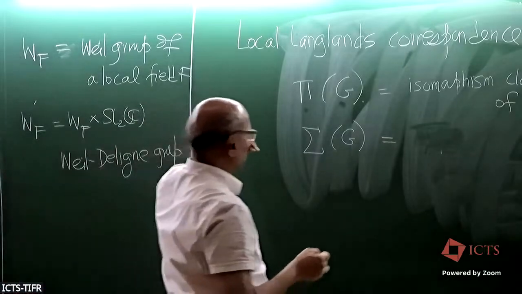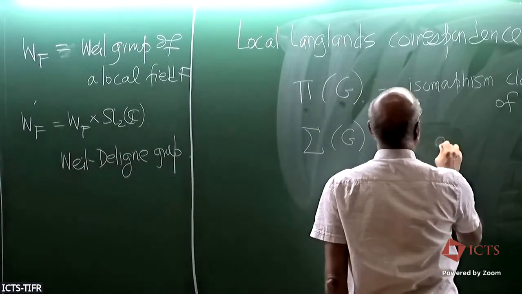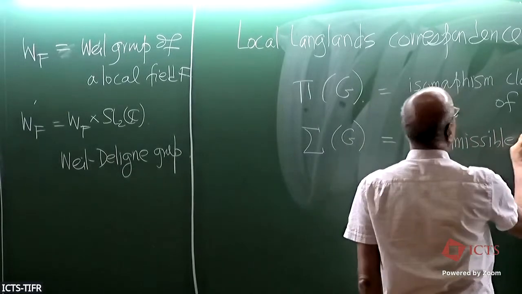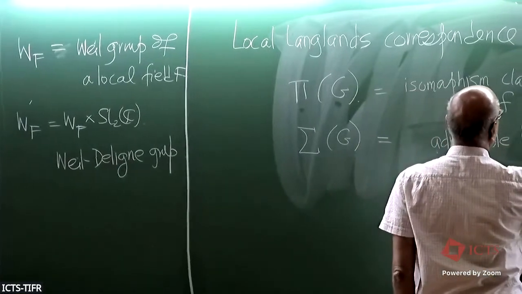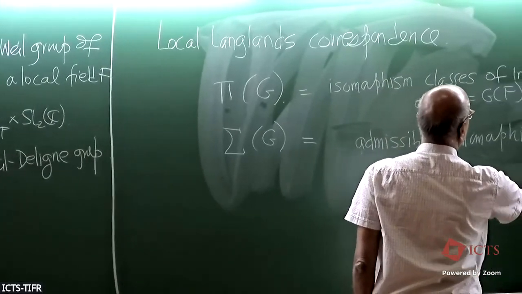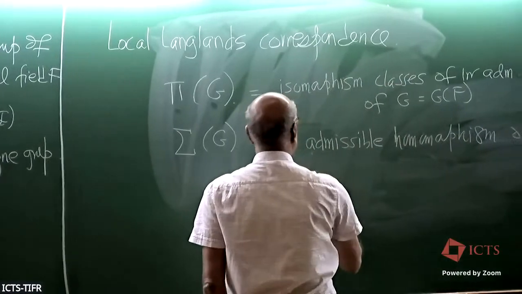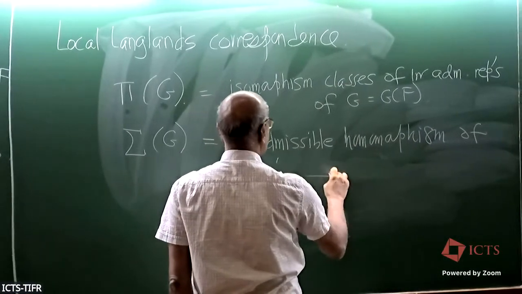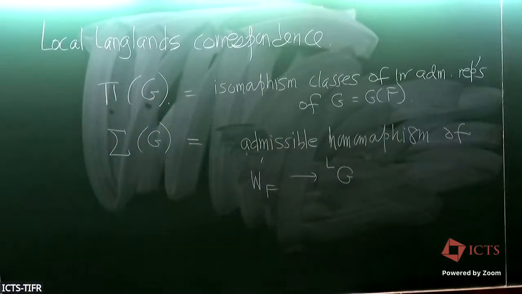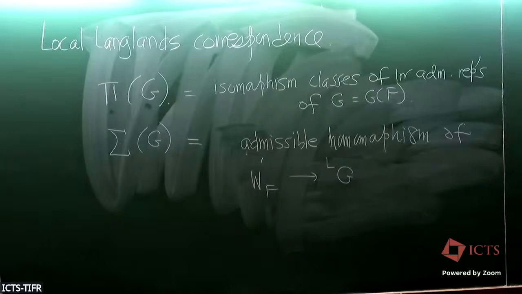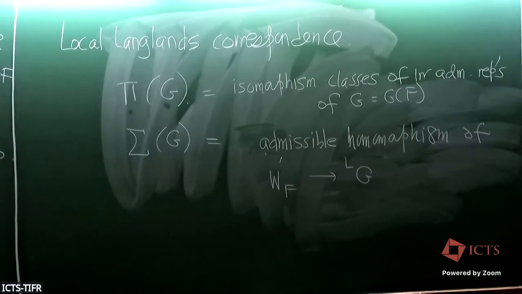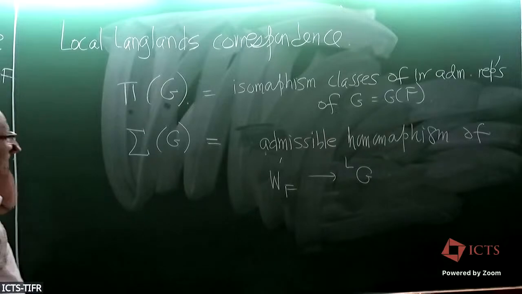So Sigma(G) are what are called admissible homomorphisms of W'_F inside the L-group of G. So associated to every reductive group, there is the notion of a dual group, and then there is a notion of an L-group.